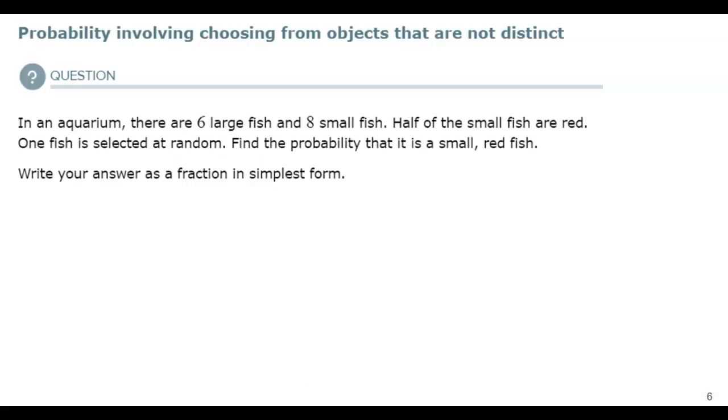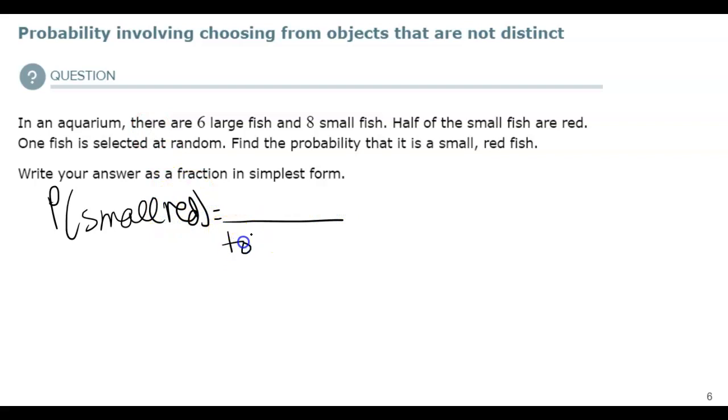So in an aquarium, there's 6 large fish, 8 small fish. Half of the small fish are red. If a fish is selected, find the probability that it's a small red fish. It wants it in fraction form. So probability of small red is going to be the number of small red over total fish.